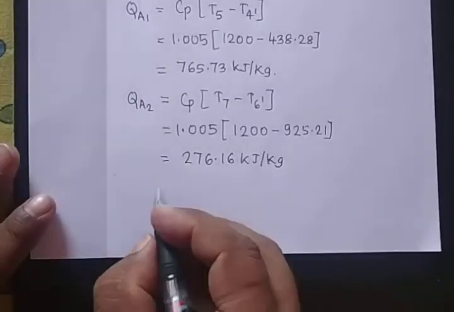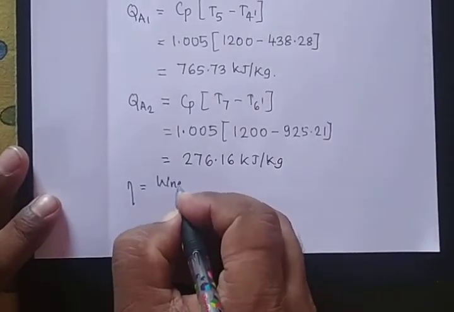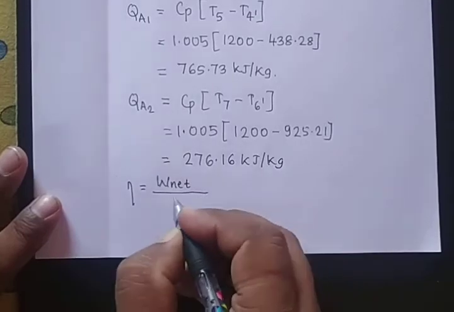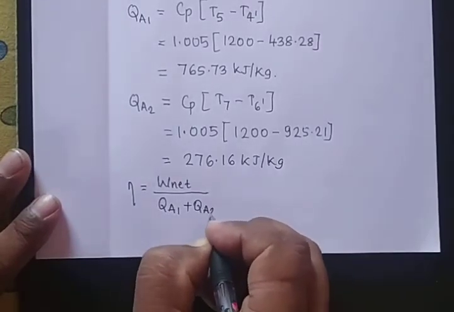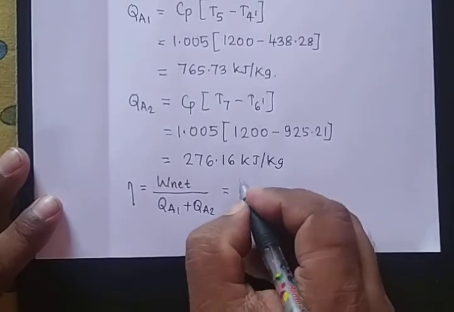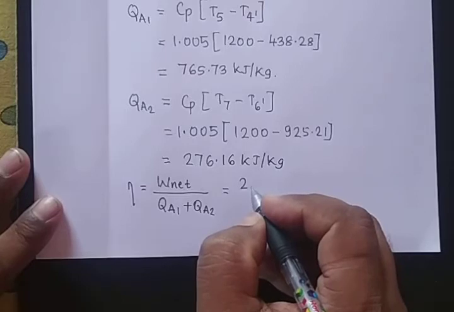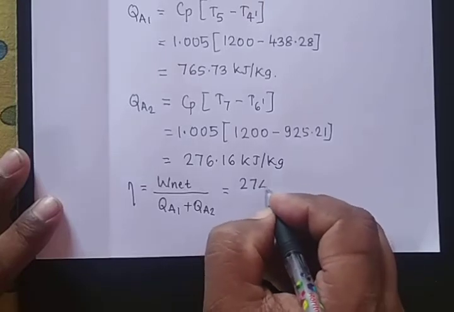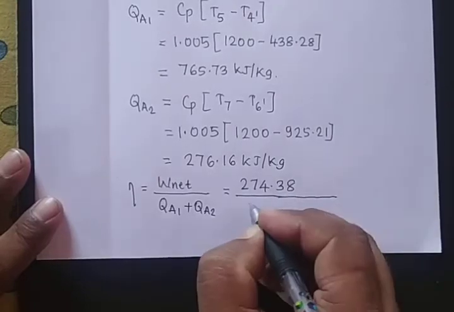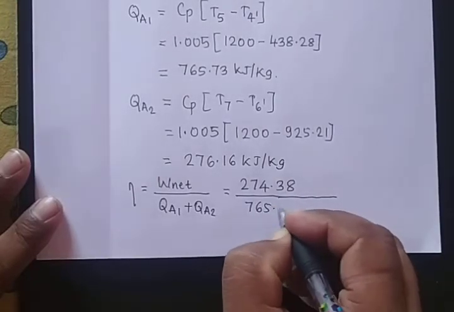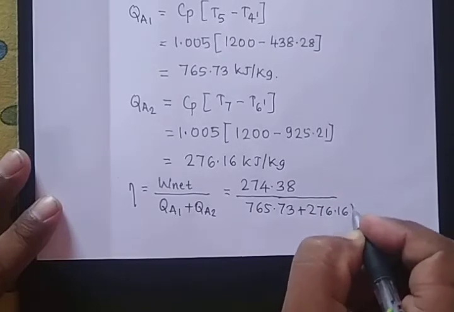So efficiency will be given by net work done, W net divided by heat added, that is QA1 plus QA2. That is, W net is known 274.38 divided by heat added is 765.73 plus 276.16.